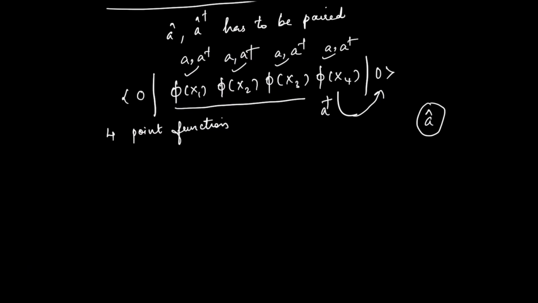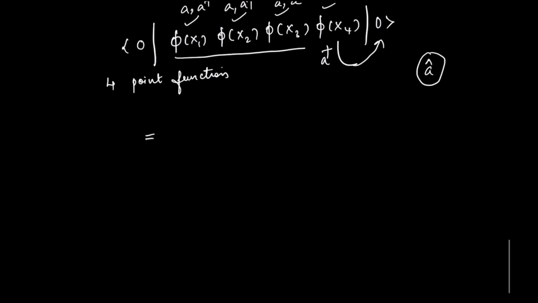Therefore, I have to write down all the possible pairings. So this will be G plus of x1, x2, G plus of x3, x4. This is one possibility.